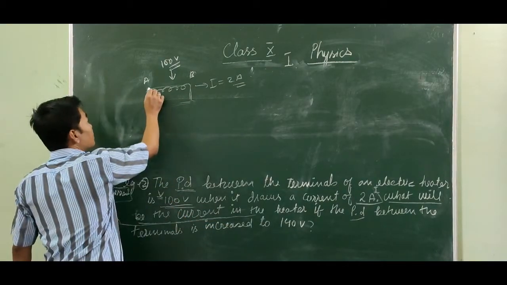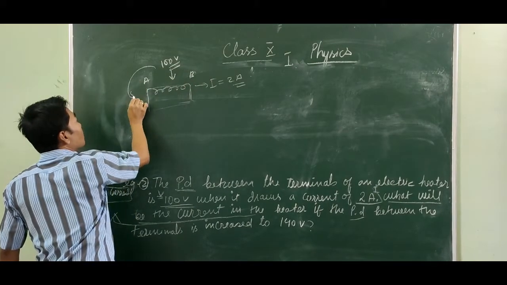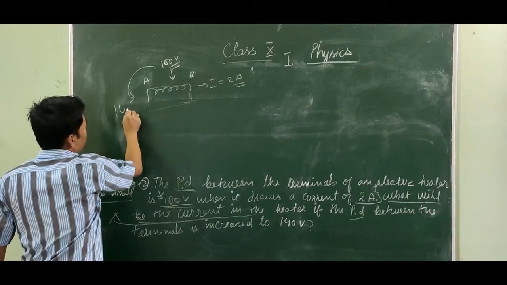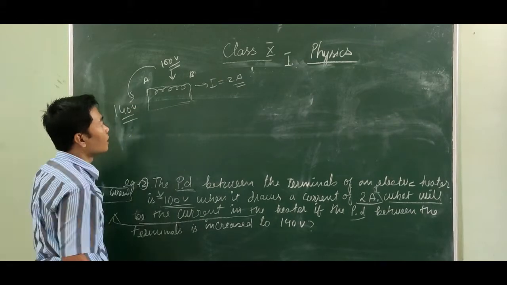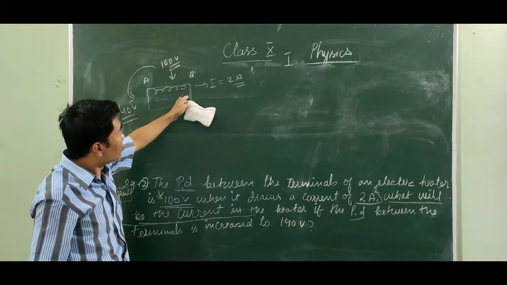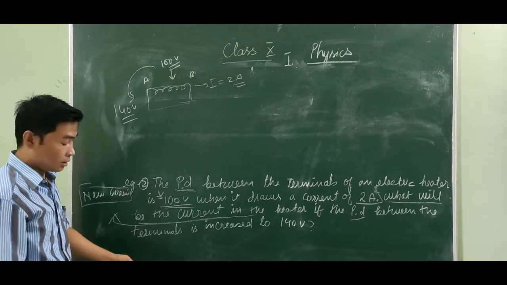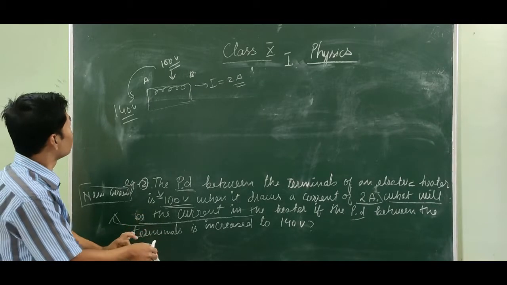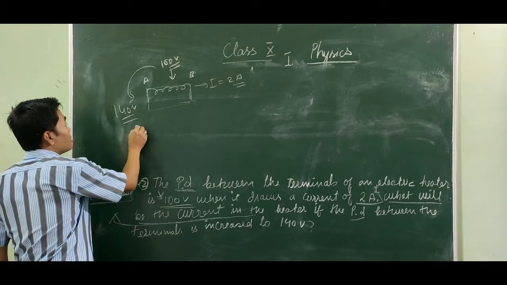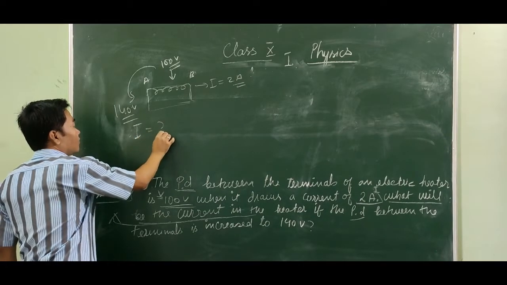So if the potential difference is 100, and now I change it from 100 to 140 volt, will the current drawn by this electric heater be the same? No. There will be a new current. It will draw a new current. What is that current? We have to find out.